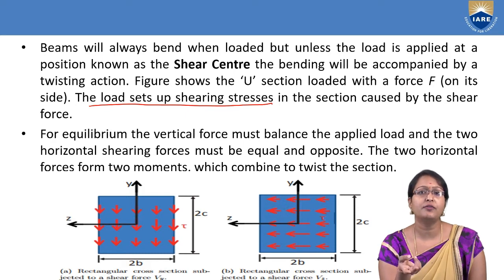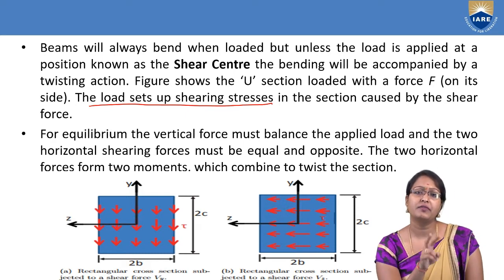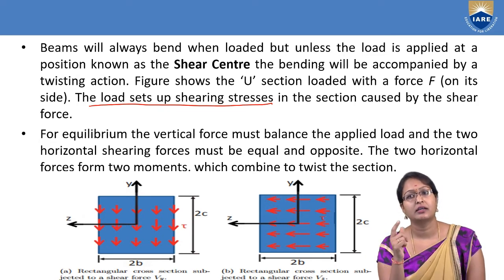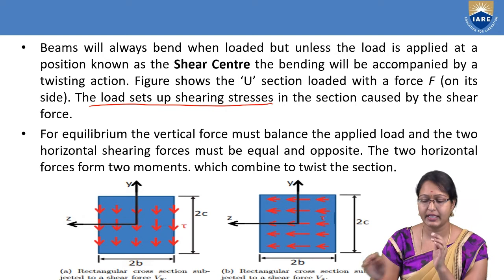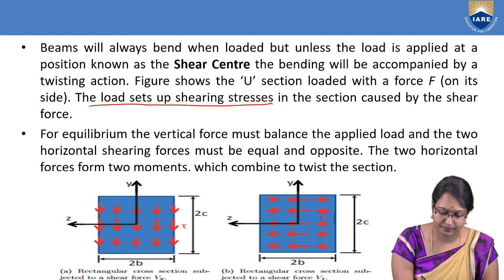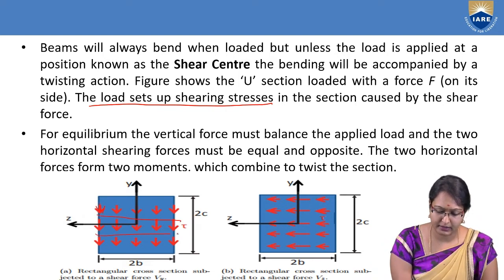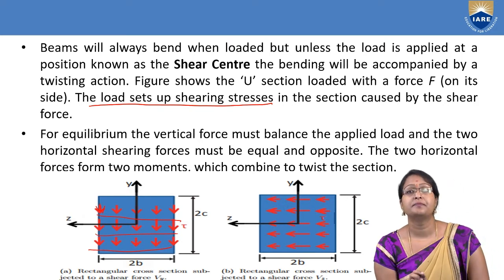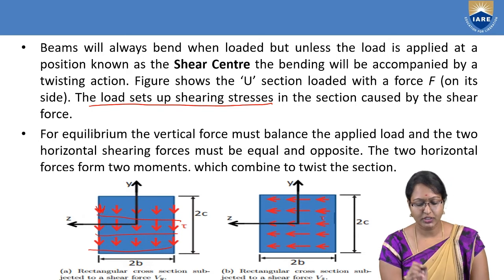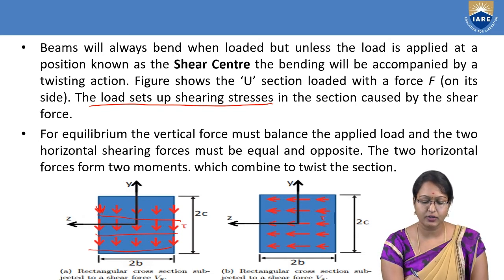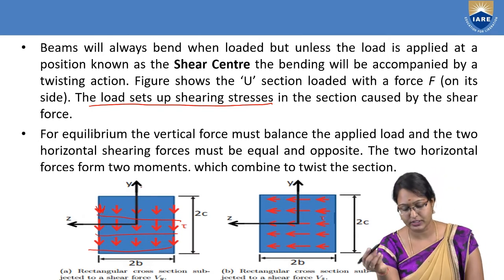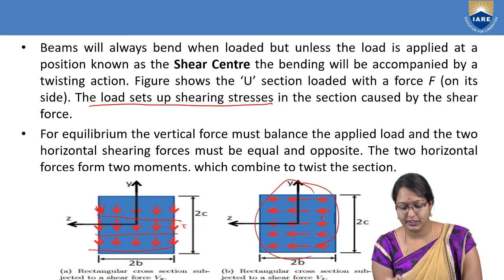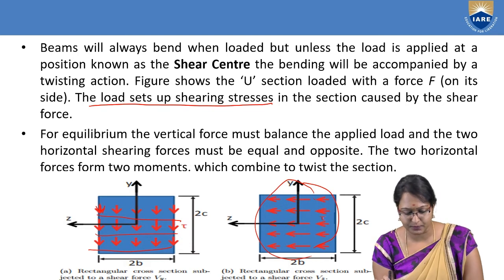The two horizontal forces form two moments which combine to twist the section. Here, the rectangular cross section is subjected to the shear force, that is V2.